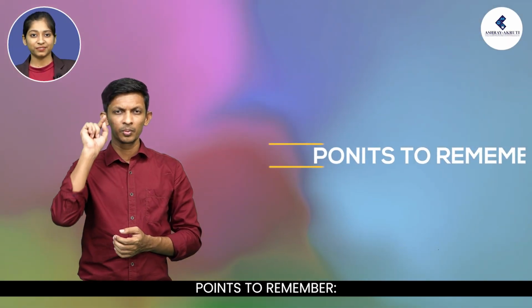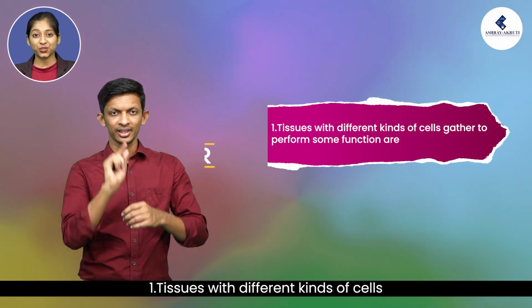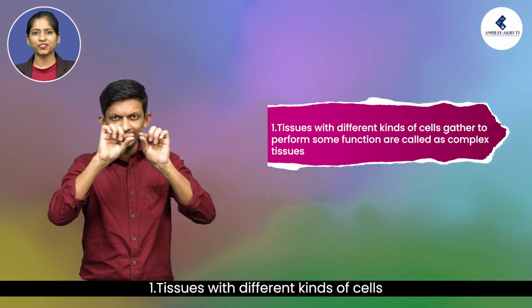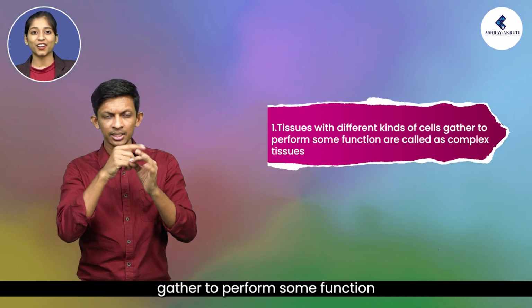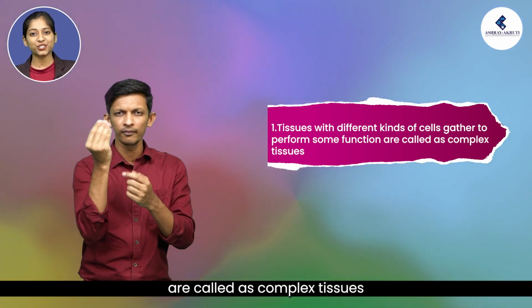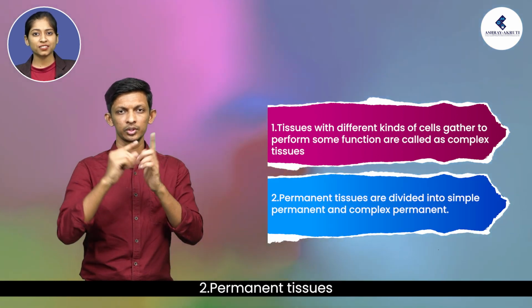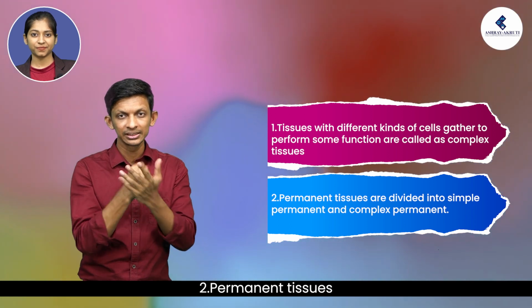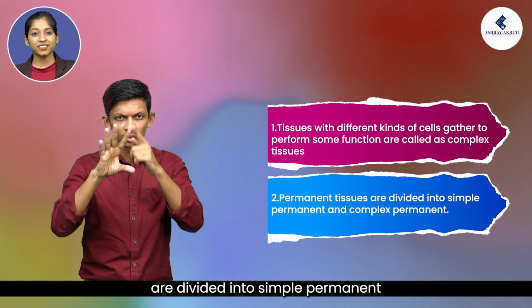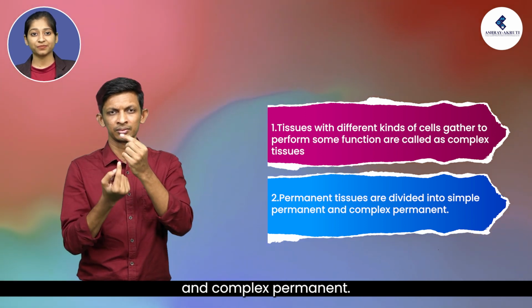Recall. Points to remember. Tissues with different kinds of cells gathering to perform some function are called complex tissues. Permanent tissues are divided into simple permanent and complex permanent.